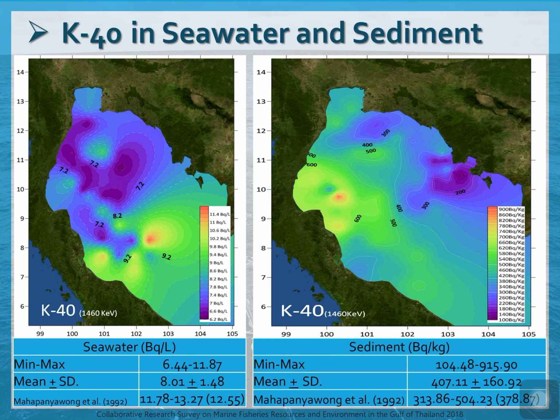Again, when we compare the result from the present study, they are in good agreement with the results from the previous study that was carried out in the Gulf of Thailand by the Office of Atomic Energy for Peace.